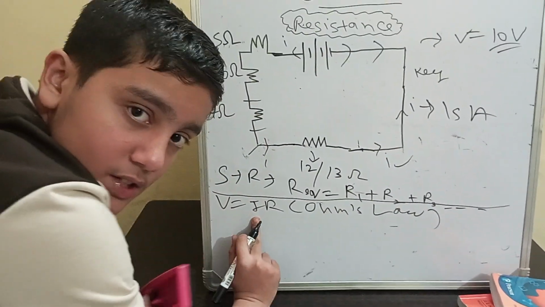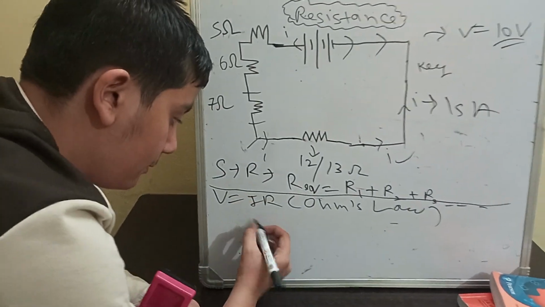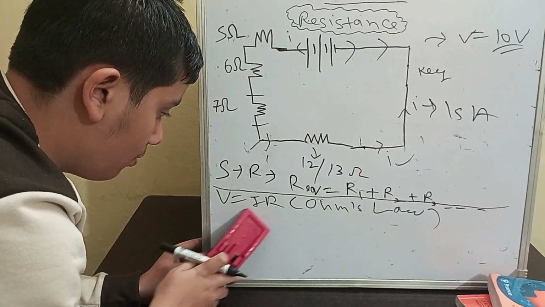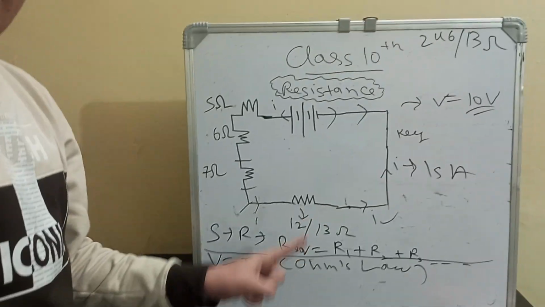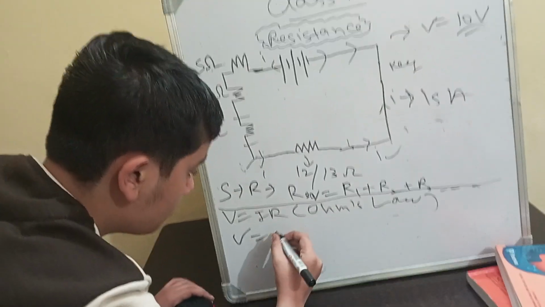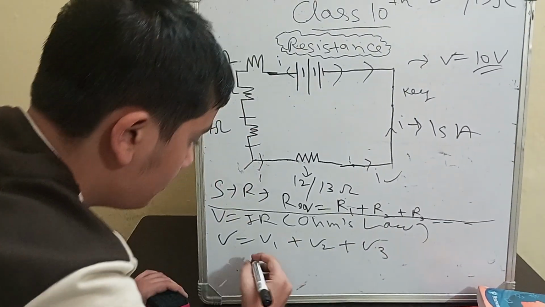Here I remains constant because in a series setup I is always constant. Now you know that in a series the total voltage is equal to the sum of individual voltages. So voltage equals V1 plus V2 plus V3. It is given in NCERT.